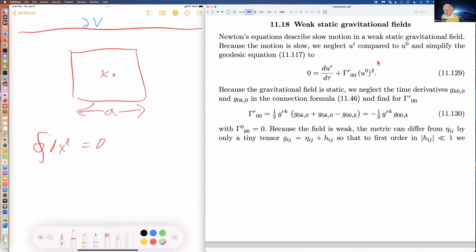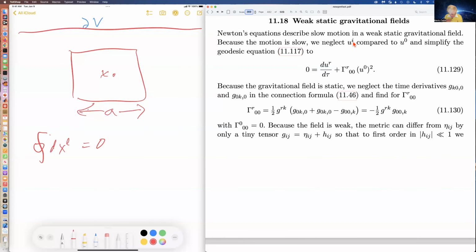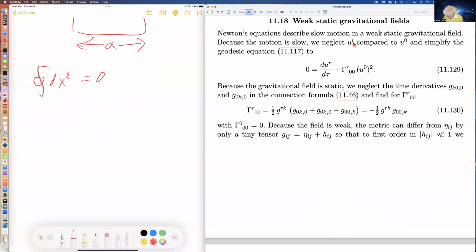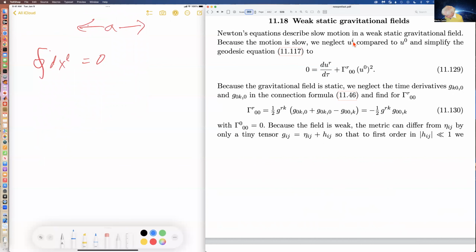For weak static gravitational fields, we drop the derivative terms that are proportional to velocities. Here, remember, u^i is dx^i/dτ, and for low velocities, dτ is dt.